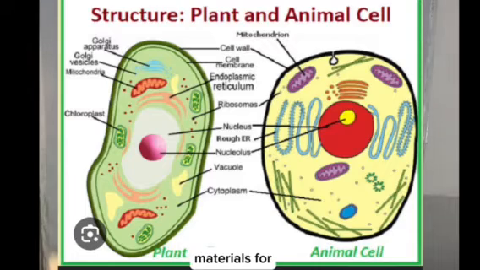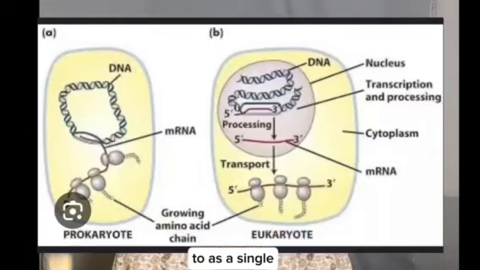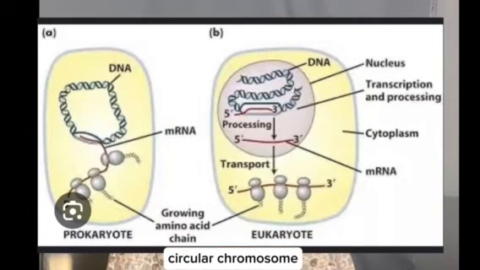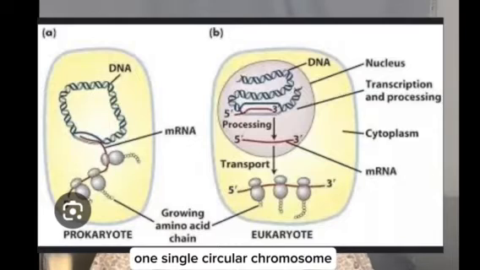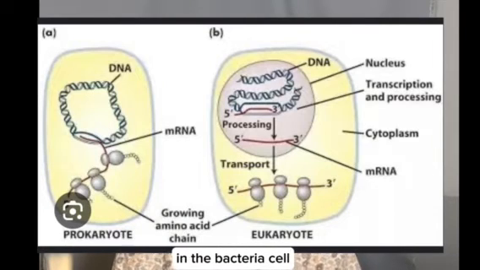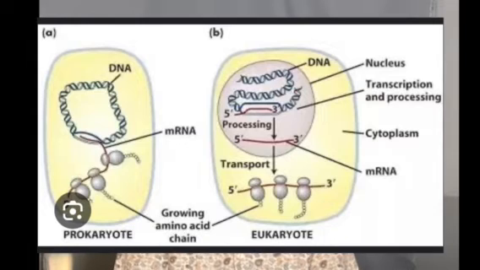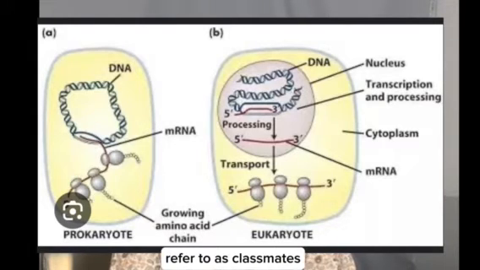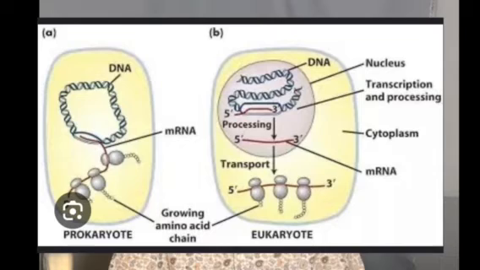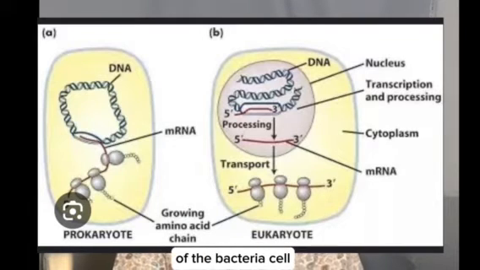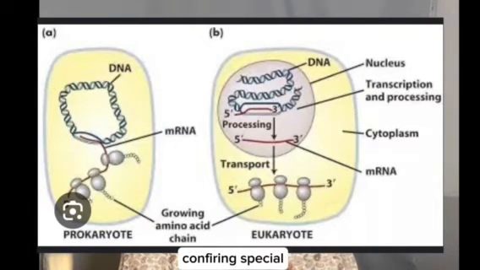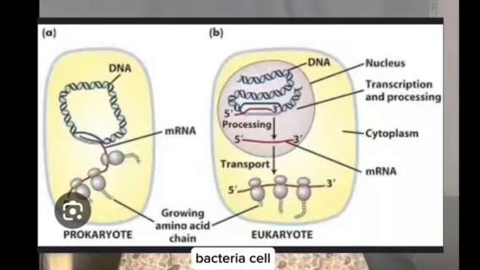Now, the genetic material of the prokaryotic cell, like the bacterial cell, usually consists of what we refer to as a single circular chromosome. One single circular chromosome is what is present in the bacterial cell. Then you have other extrachromosomal DNAs, which we as scientists refer to as plasmids. These are scattered in different areas of the bacterial cell, conferring special properties on it.